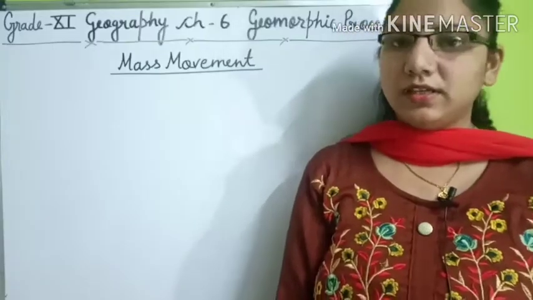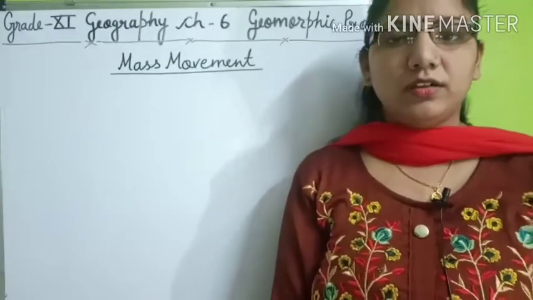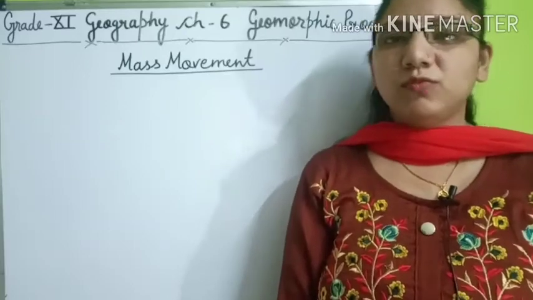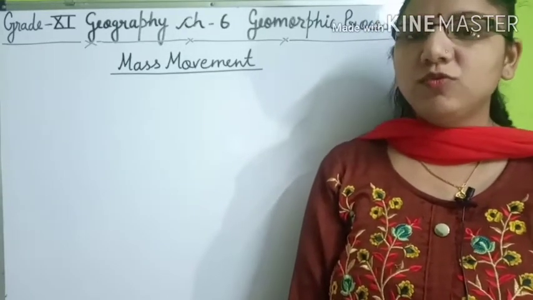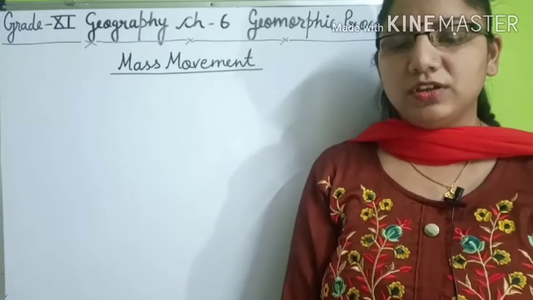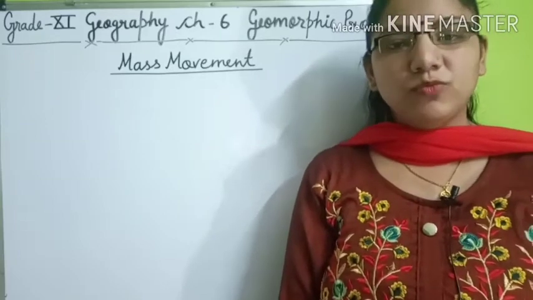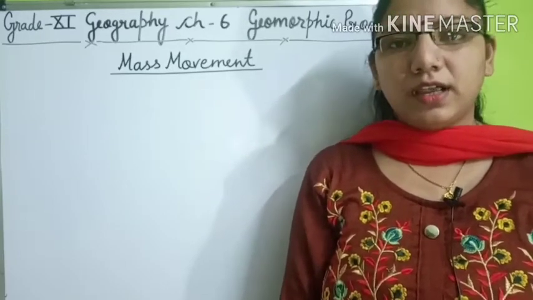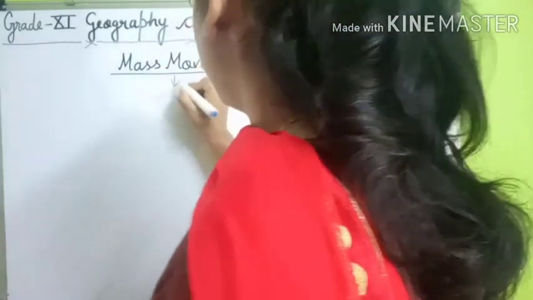So students, as you have seen, many activities occur due to mass movement. We can group mass movement into three major parts: slow movement, rapid movement and landslide.